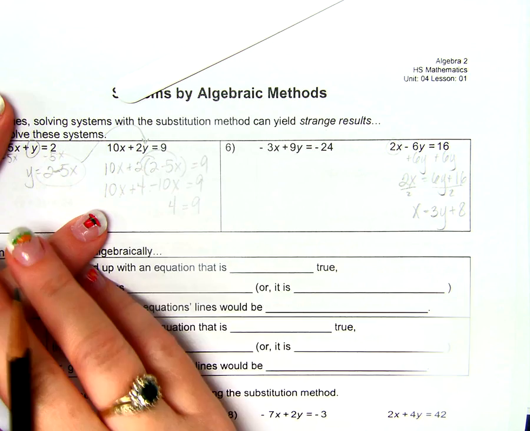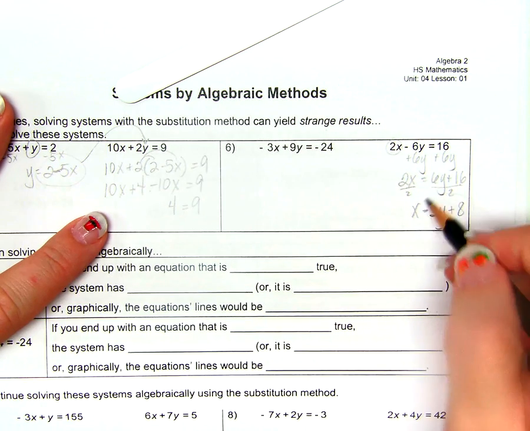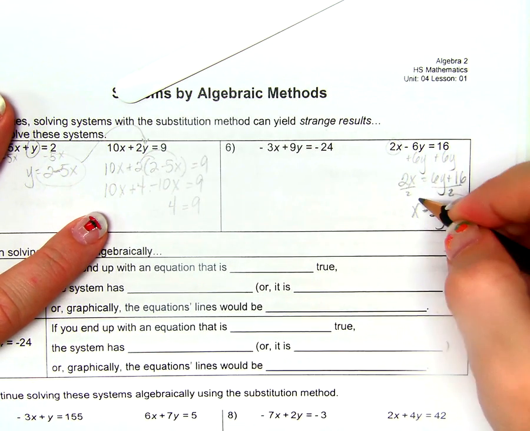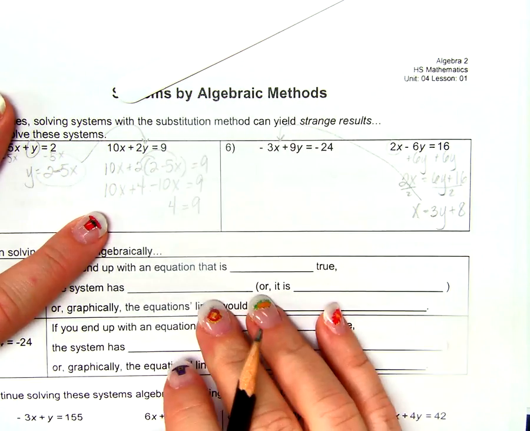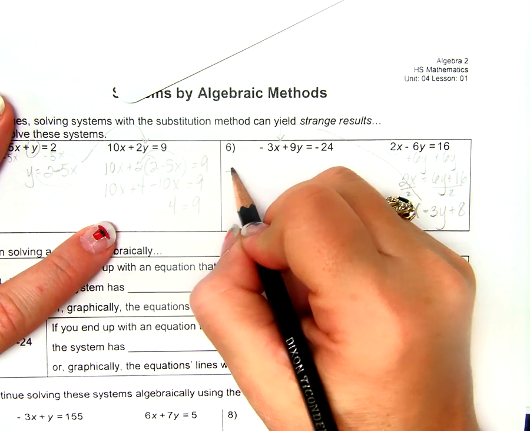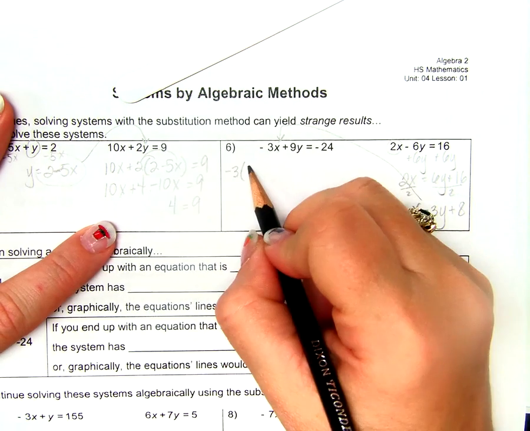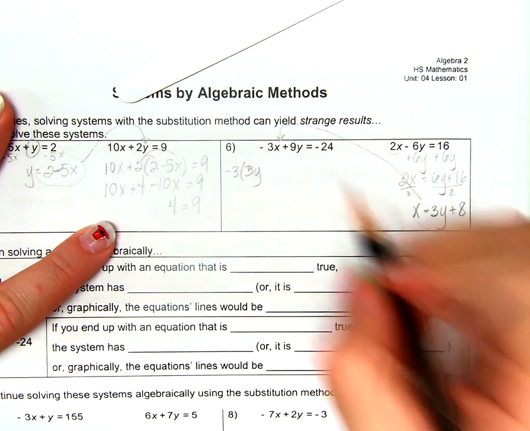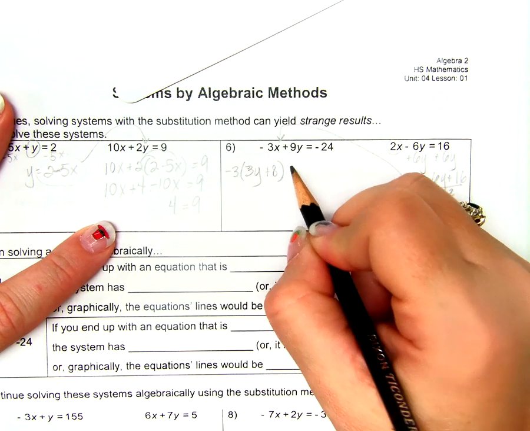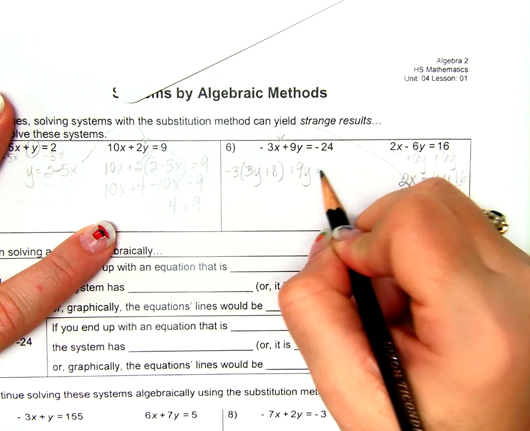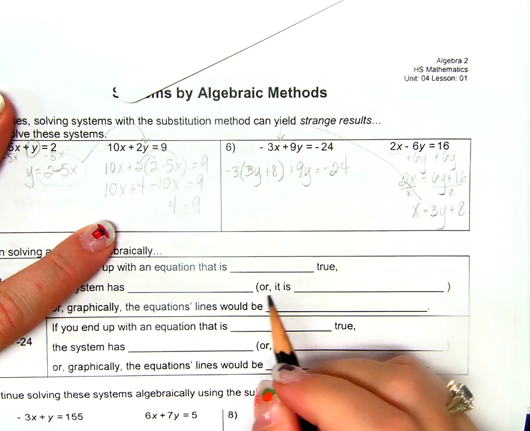Okay? So I know what x equals. So I take it, put it right there. So negative 3 times (3y plus 8) plus 9y equals negative 24.